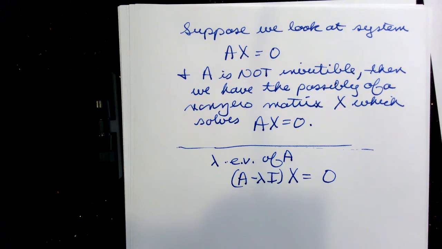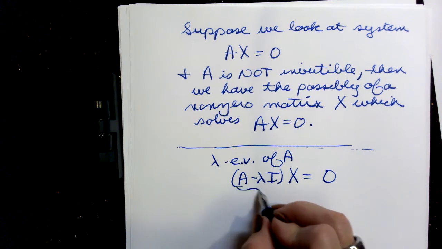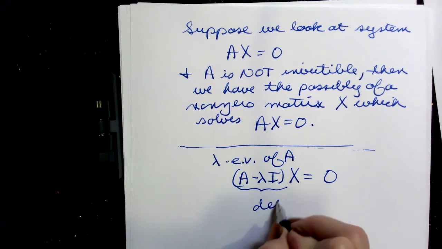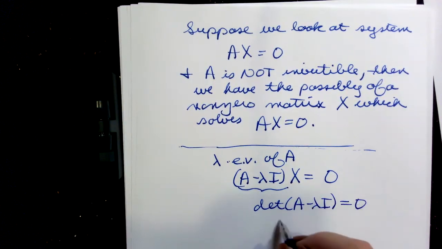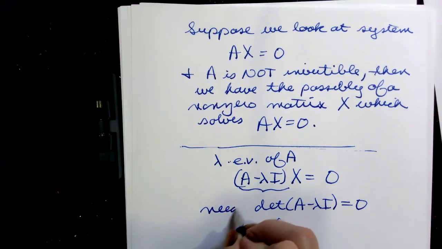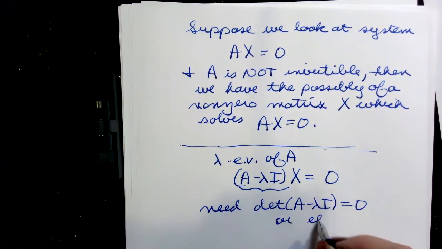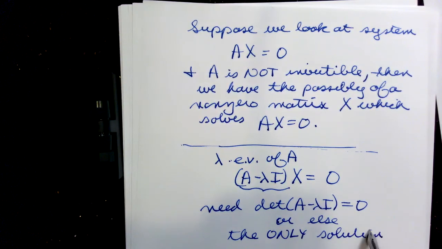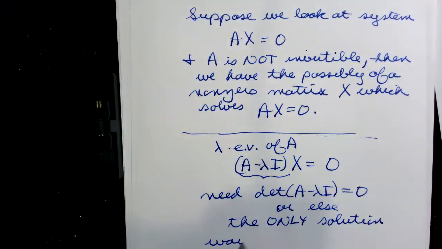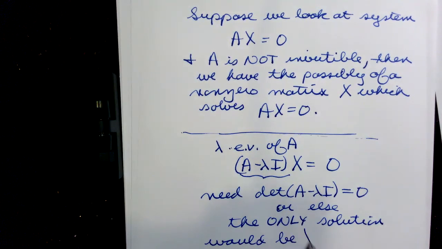So what do you need for that to be true? You need that the determinant of A minus lambda I is 0. We need this, or else the only solution would be X equals 0. And the 0 vector can never be an eigenvector.